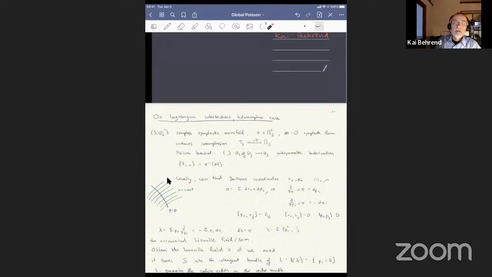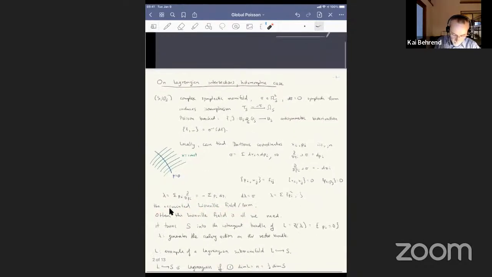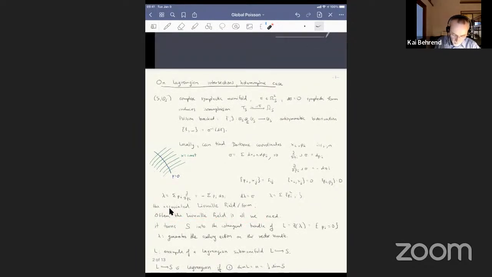And I make a vector field out of it, right? The vector field is parallel to where x is constant, and then p equals 0 is a Lagrangian submanifold. So this is what the manifold locally looks like. Such a form lambda I call the associated Liouville field or form, and often that Liouville field is all we need, not really the full Darboux coordinates.